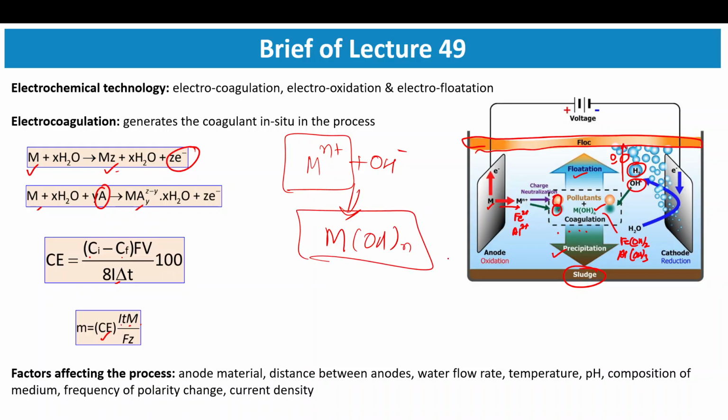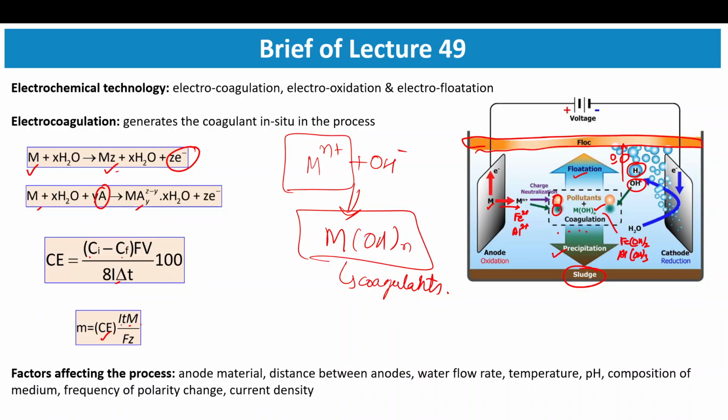So these hydroxides are nothing but the coagulants, which combine with the suspended particles to neutralize their charge and form bigger particles that can settle easily, right? So this is the basic mechanism behind it.